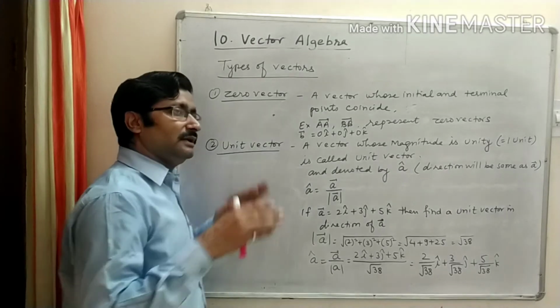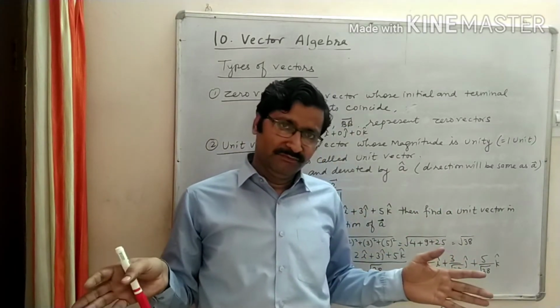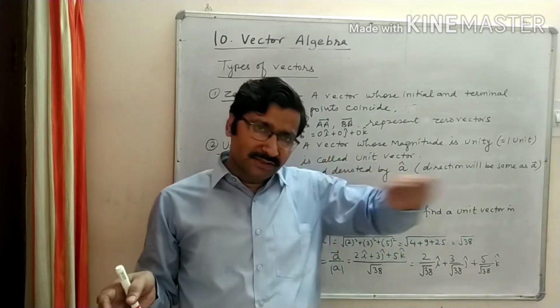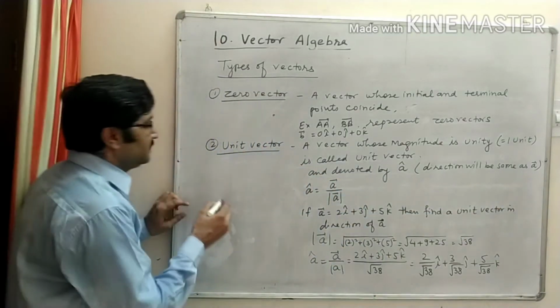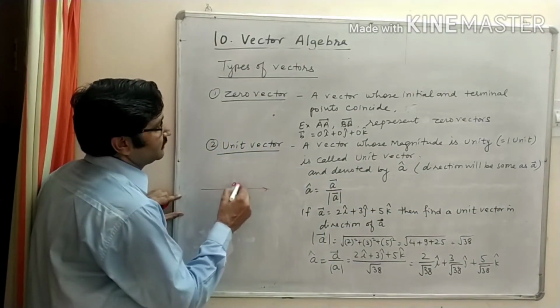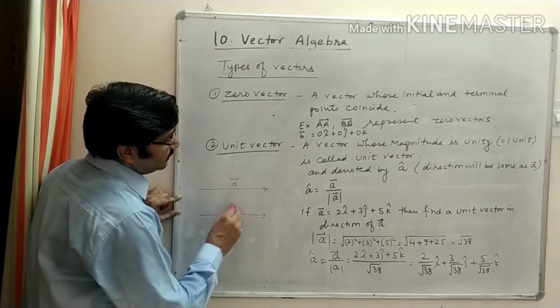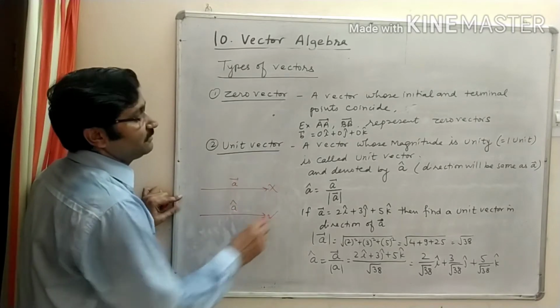Look here, the a vector and the unit vector are both different. But in the direction of the a vector, we can find another unit vector. Here the a vector is given. This is not a unit vector, but this is a unit vector.